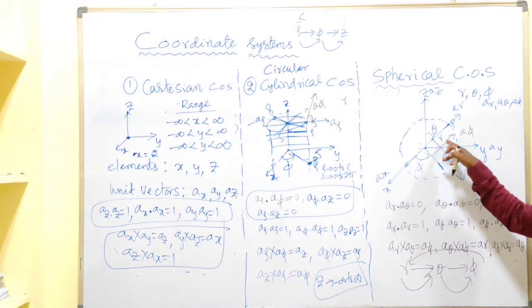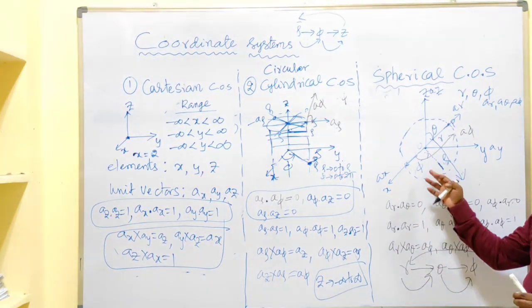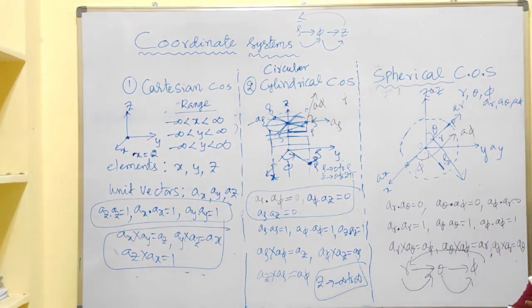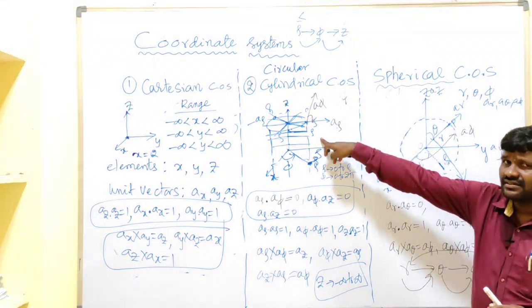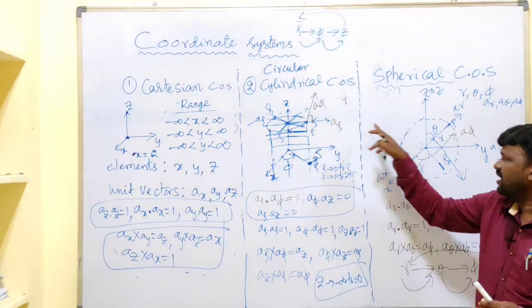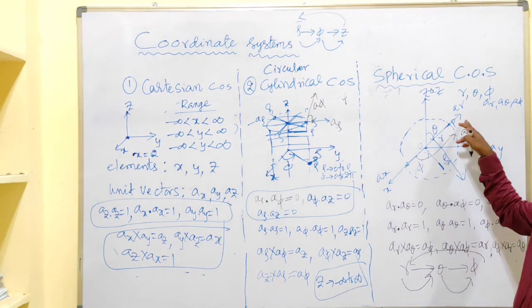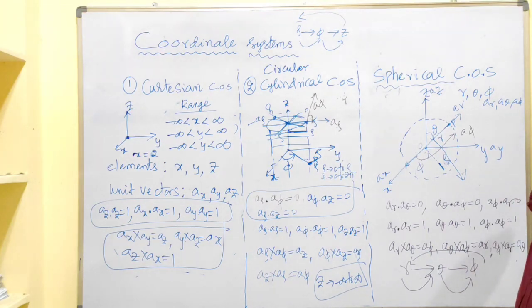We can say this R is the radius of the sphere, or else we can call it the radial distance. Rho is the radial distance or radius of the cylinder. Here R is the radius of the sphere, or the radial distance from the origin.